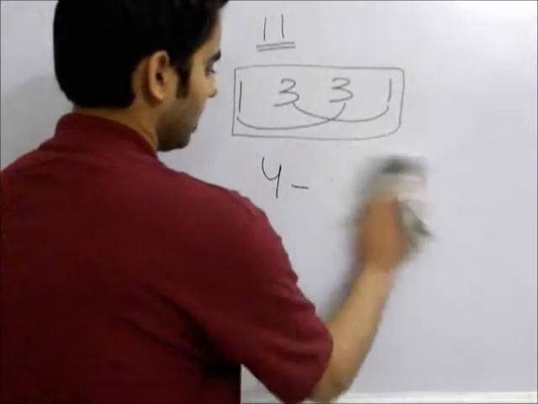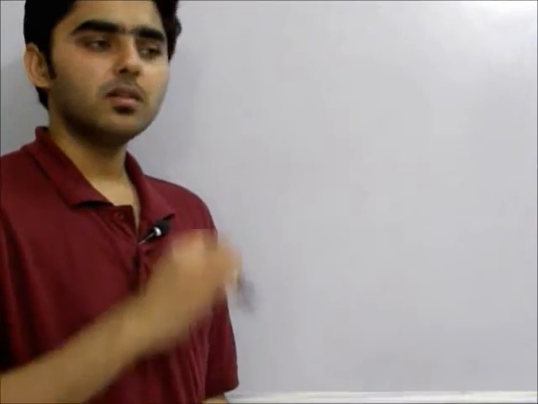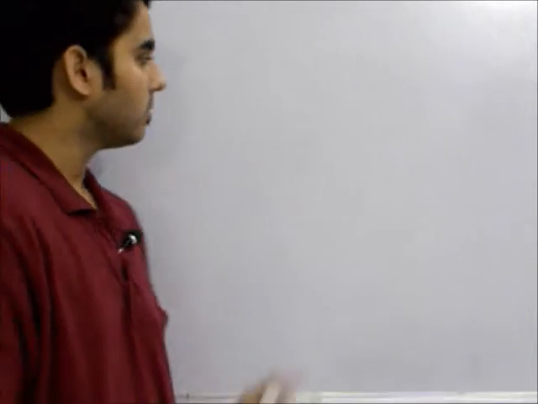Okay. What about 12? Any number which is divisible by 4 and 3, then that number is divisible by 12. Why?